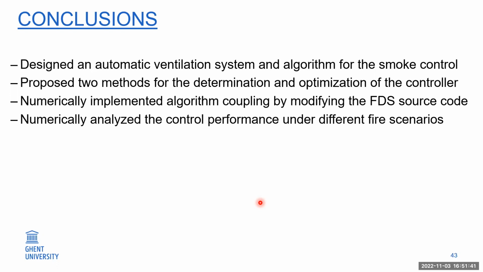And finally, we numerically analyzed the control performance under different fire scenarios, such as the heat release rate, tunnel dimensions, the time-varying heat release rate, and the different design locations. In all of these scenarios, the smoke can be controlled well.